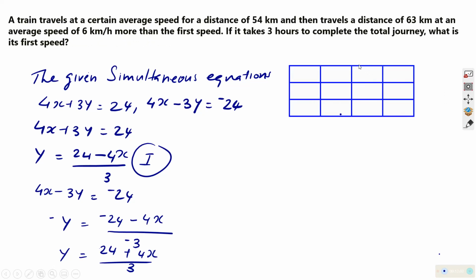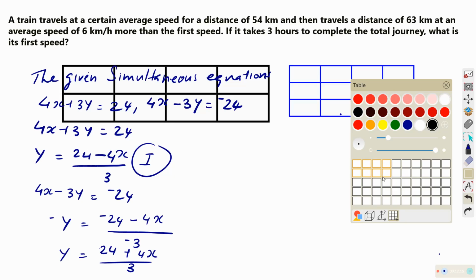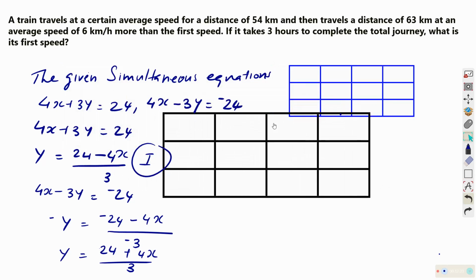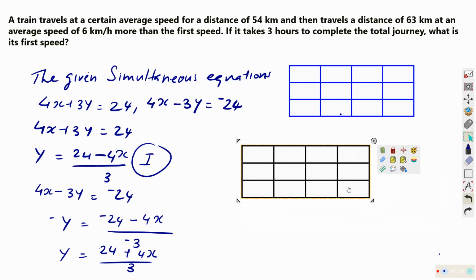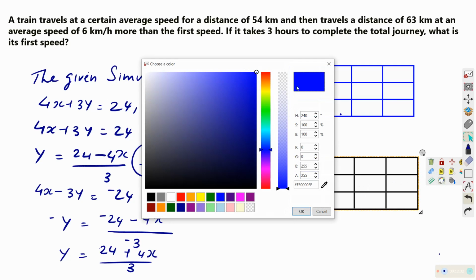So let me start with the table where we will be doing that of y is equal to 24 minus 4x upon 3, and 24 plus 4x upon 3. So we need two tables for solving the sum. There are two equations. Okay, tables are ready.